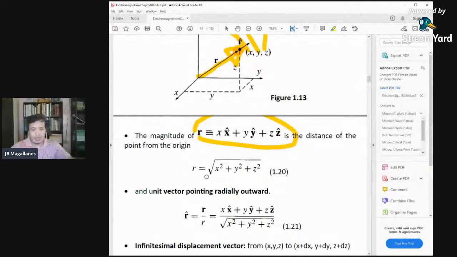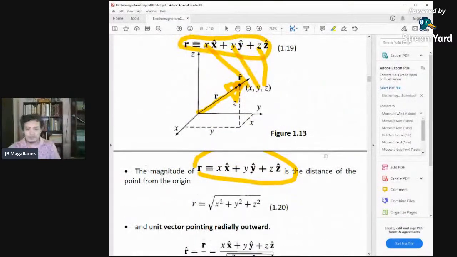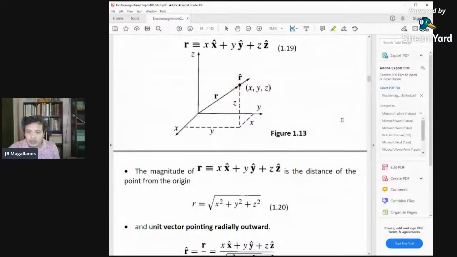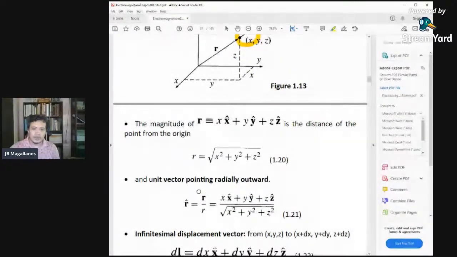And if you want to get the unit vector, the unit vector has a magnitude of 1 but retains the direction of the vector. So this is how you get the unit vector pointing radially outward.